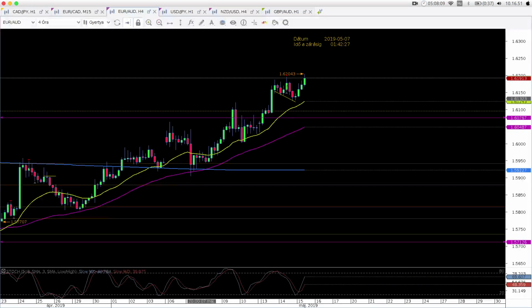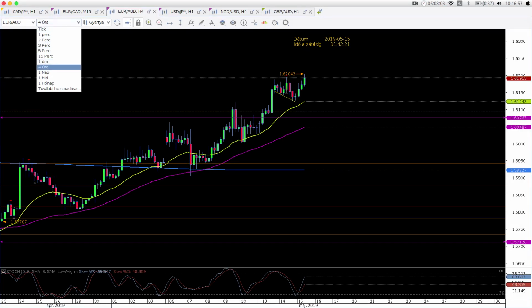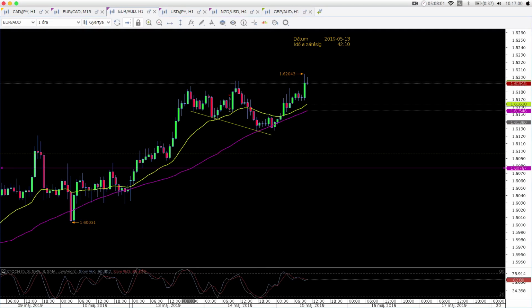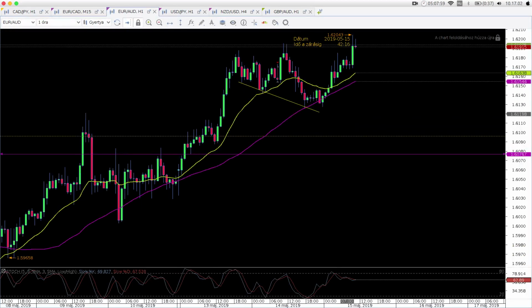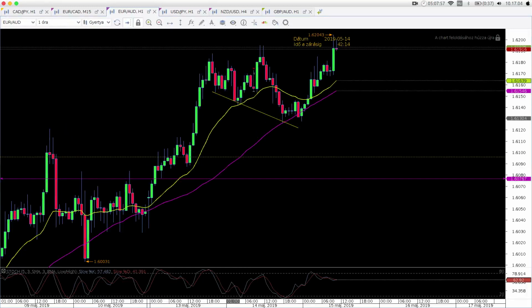The Euro Aussie, I took it yesterday. The same problem. The EMAs, the MAs are below the price, so it is an uptrend.